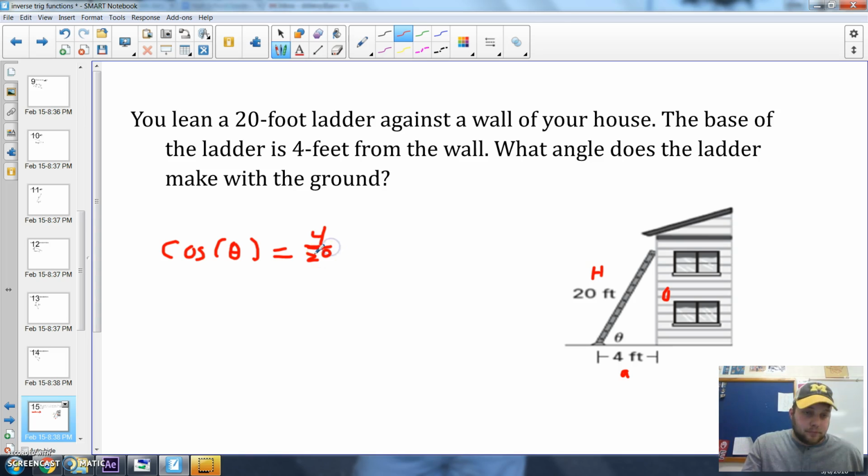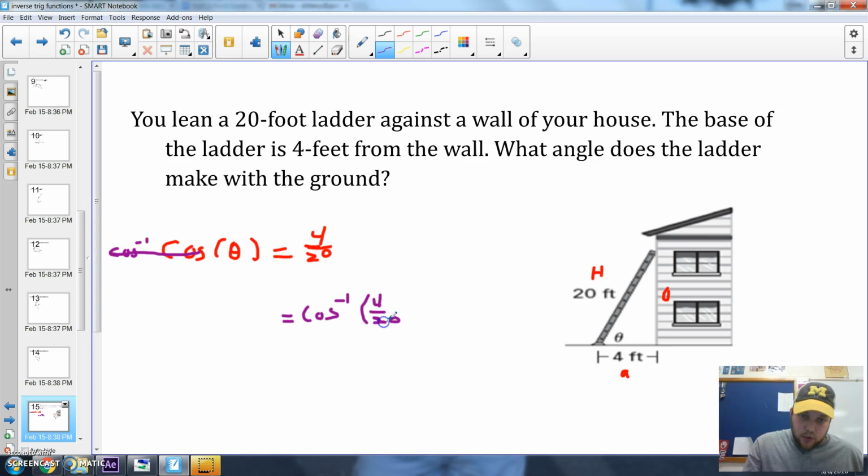All right. How do I get rid of cos? Well, I'm going to do cos inverse. Over here, cos inverse. That's going to knock the cos out on that side. So I should have cos inverse on this side, and the 4 over 20.